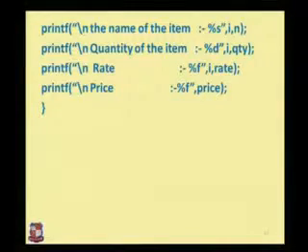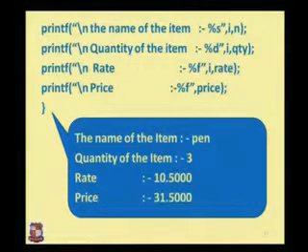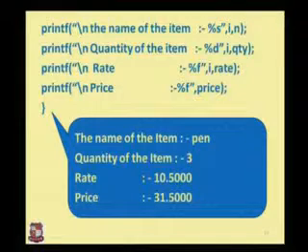Then what output will we get after initializing these things? We initialized pen, so the name of the item is pen, the quantity of the item is 3, the rate equals 10.5000 and 31.5000 is the price.